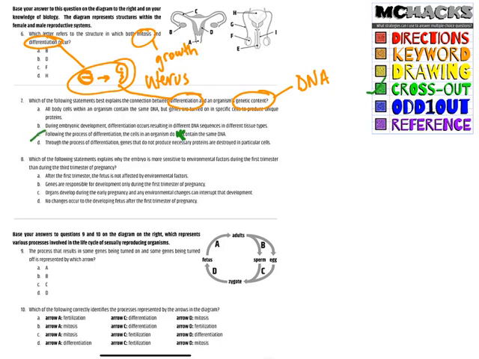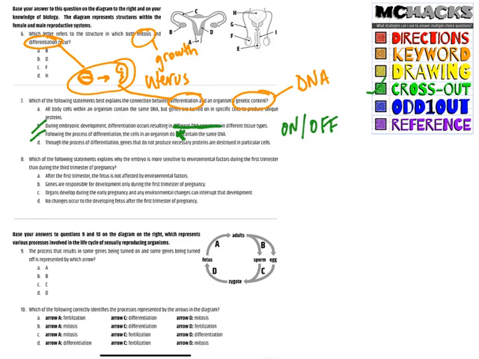Option C is wrong. And the other option, B, says during embryonic development, differentiation occurs resulting in different DNA sequences. It still has the same DNA, it's just that genes are going on and off. So between A and D, choose your response.